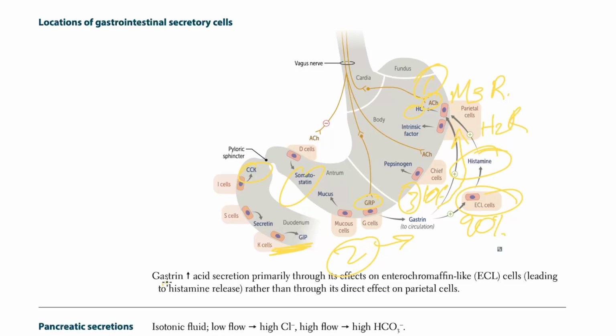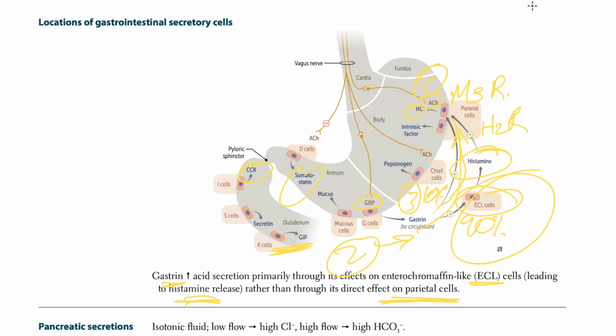So gastrin increases acid secretion primarily through the effects on the ECL cells, leading to histamine release, rather than through its direct effect on the parietal cells. So again, 10% directly, 90% ECL, which releases the histamine.